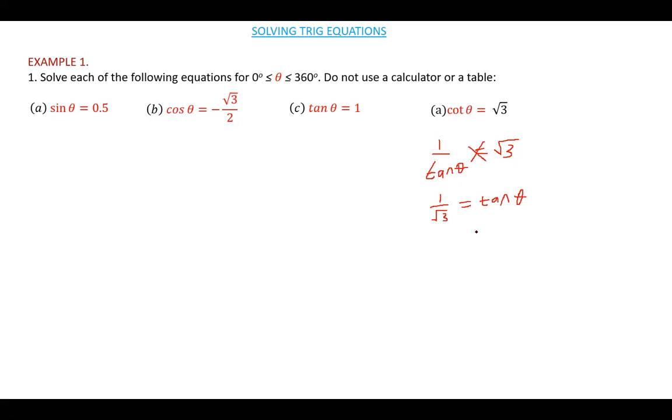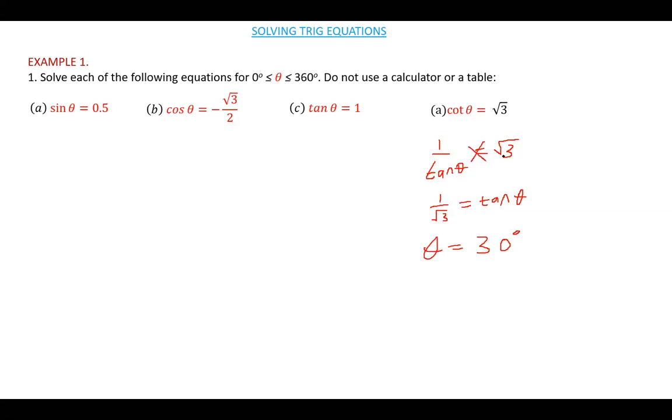Now, for you to find your theta, you are going to say tan inverse of 1 over root 3, and your answer will be 30 degrees. But if your answer is 30 degrees, this is not your final answer.